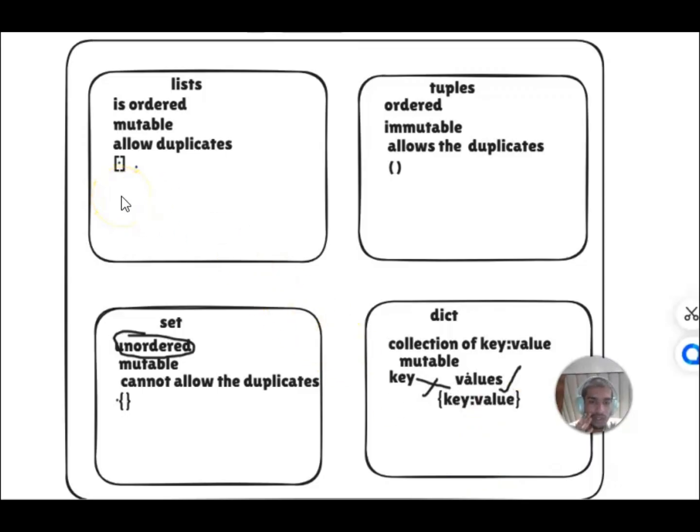Now coming to indexing, lists and tuples allow indexing, but sets and dictionaries don't allow indexing.